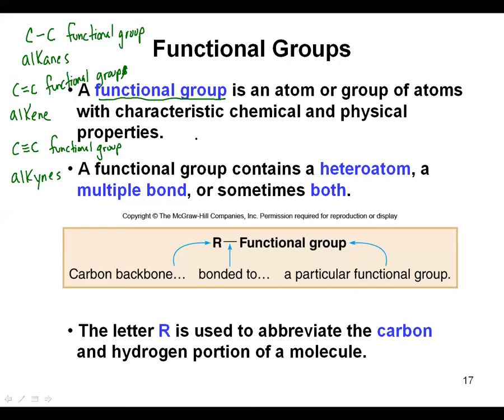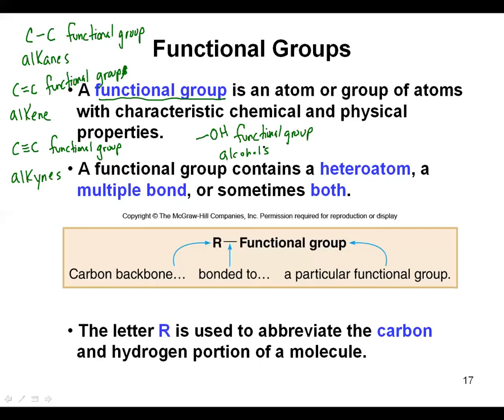Just like we saw in the previous slide, if you have an organic compound that has an OH group on it, that is also a functional group for another type of organic compound, which are known as alcohols.